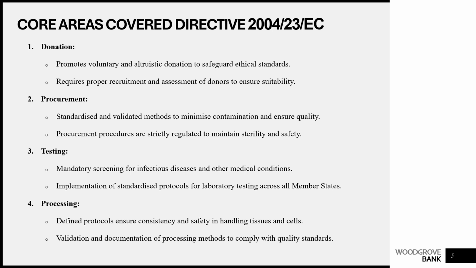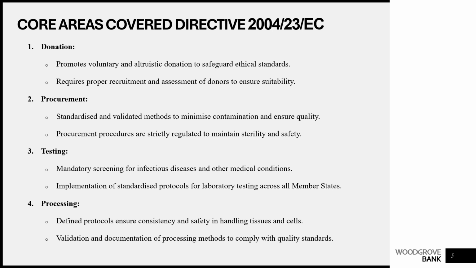But basically, it's the overarching information relating to promoting voluntary and altruistic donation. It's to ensure that there are ethical standards, and it also talks about assessment of donors to ensure their suitability, eligibility criteria. The second area on the list is procurement.